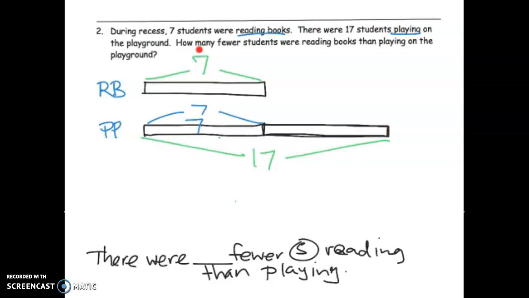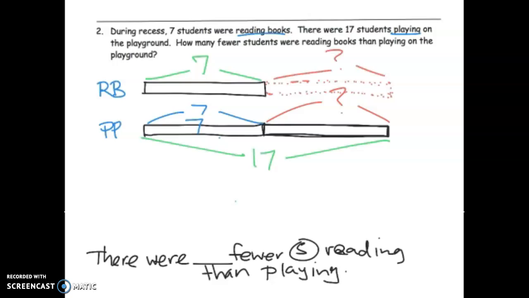Now the question is, how many fewer students were reading books than playing on the playground? So the question is, what is this piece right here? We could think of it in terms of the students reading books, and say they have this missing piece right here. See that?